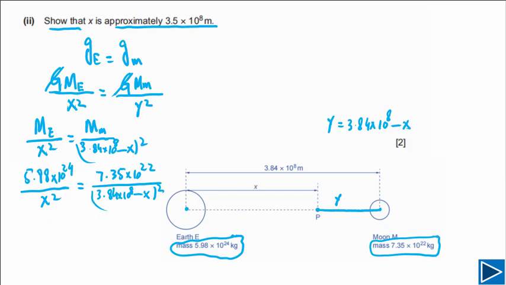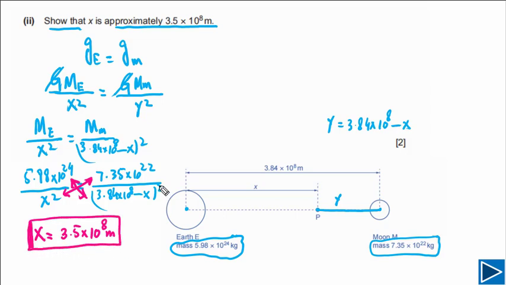You can simply cross multiply. Let me give you some hints: cross multiply these two, and then you can solve for x. The final value of x, if we solve this for x, will be 3.5 times 10 to the 8 meters. This will be our final answer for this question, and this question has 2 marks.